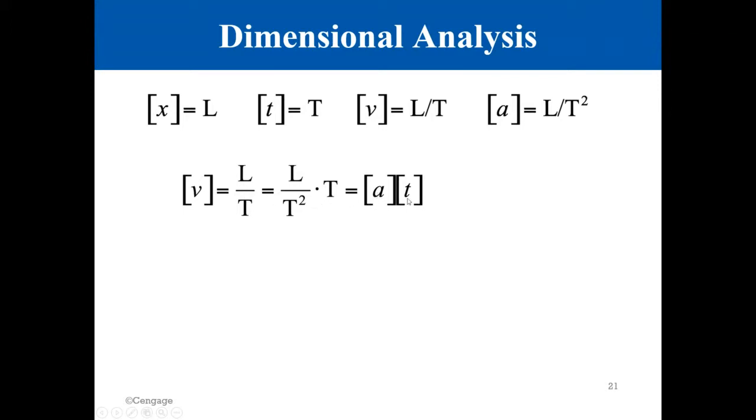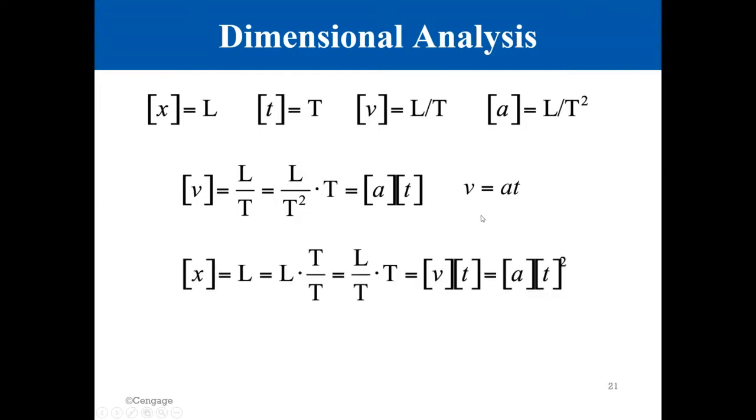So acceleration multiplied by time, yes, based on this analysis, this is a valid equation. Velocity can be calculated from the product of the acceleration by time. Based on the dimensional analysis, we can verify that this is a valid equation. For x, it is the dimension of length.